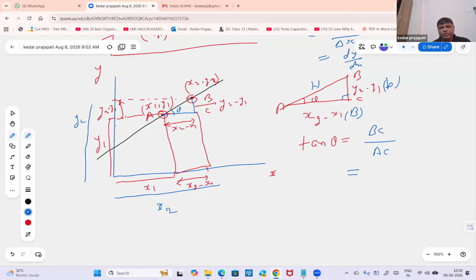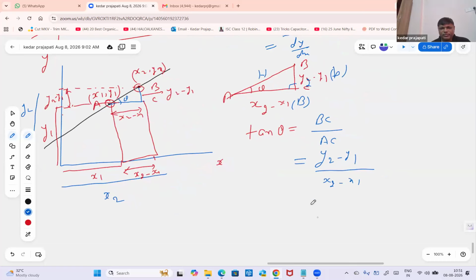BC is how much? Y2 minus Y1. And AC is x2 minus x1. Now we can also say this is a change in y. Y2 minus Y1 is change in y. So you can write it as delta y.